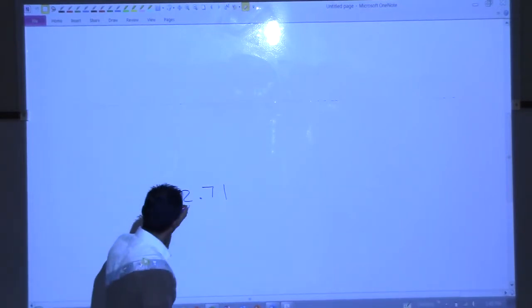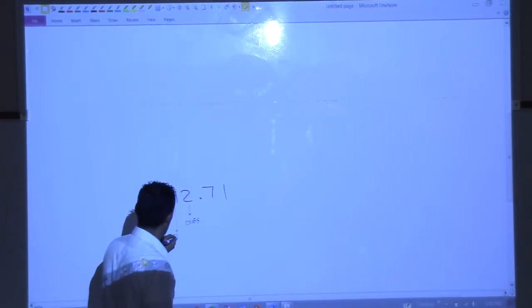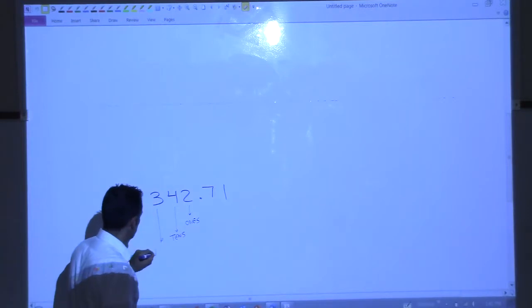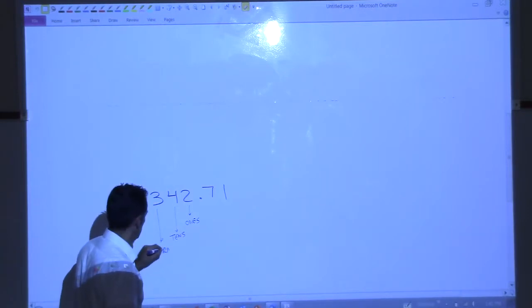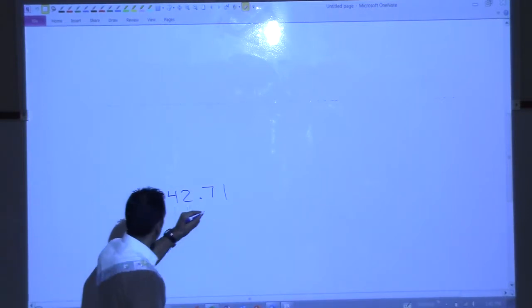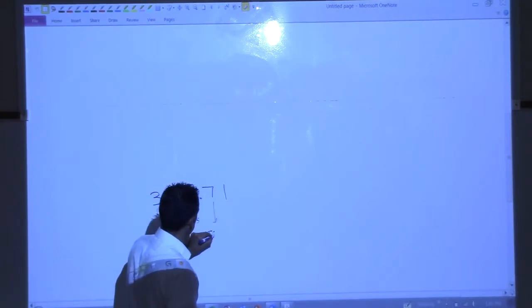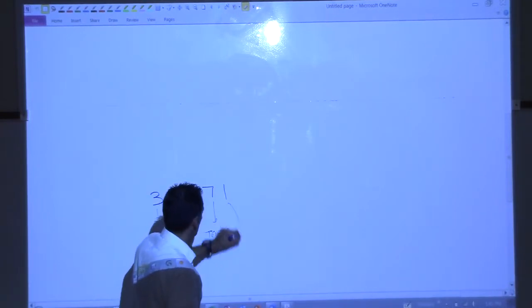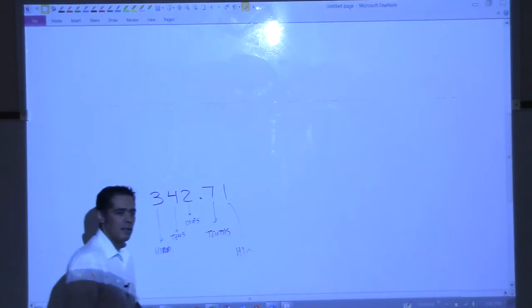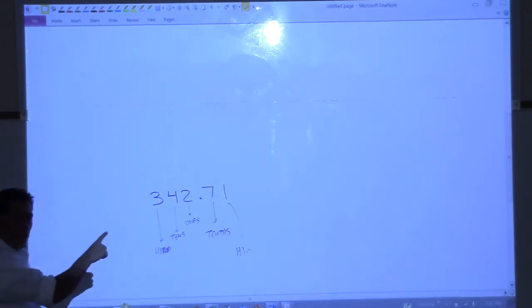This first number we say is our ones, right? This is our tens, right? This would be our hundreds. Yes? Oh, hundreds. Yes? And then this would be tenths. And then hundredths, and so on, right? Another way to visualize this is this.